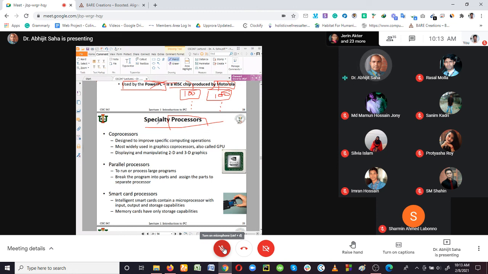Not only the central processing unit, but there are other processing units in your microcomputer. Those are processing units for special purposes, and they are known as specialty processors.